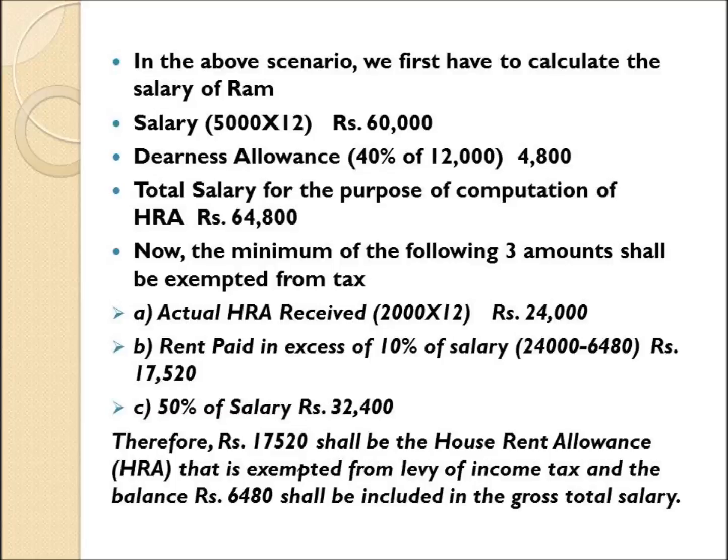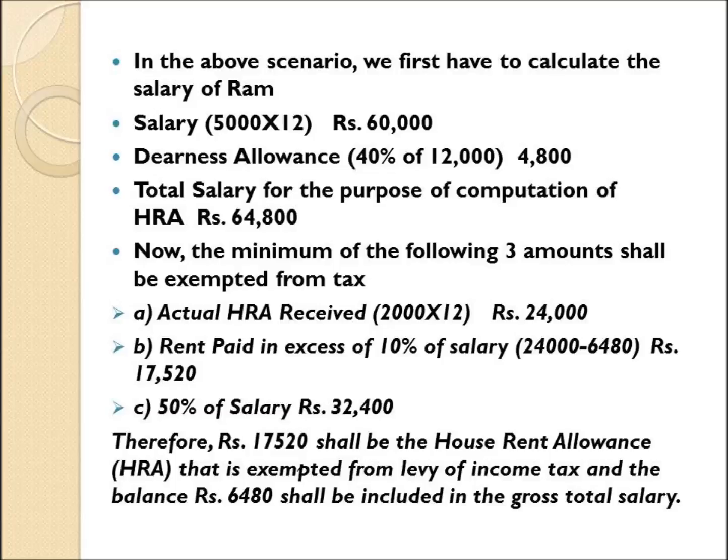Basic pay is rupees 5,000 per month, so salary will be 5,000 into 12, that is 60,000, and dearness allowance forming part of retirement benefit, so this 40% only will be included in the salary for the purpose of computation of HRA.